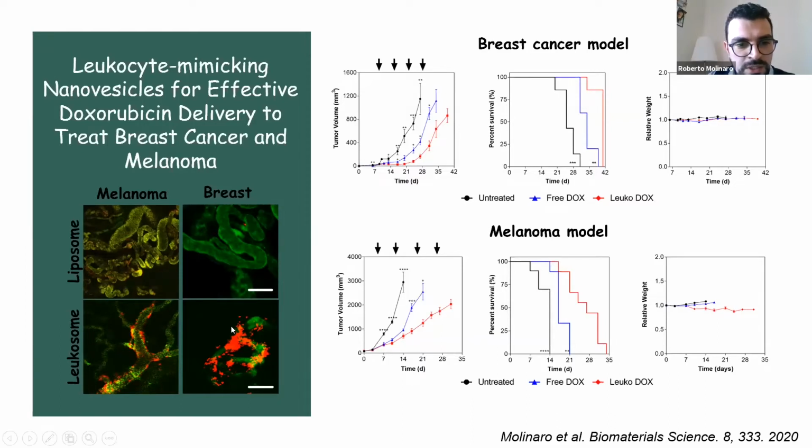We could observe an accumulation greater than control liposomes in those models. And in vivo, we observed a delay of the tumor growth, and at the same time, a prolongation of the mice survival.